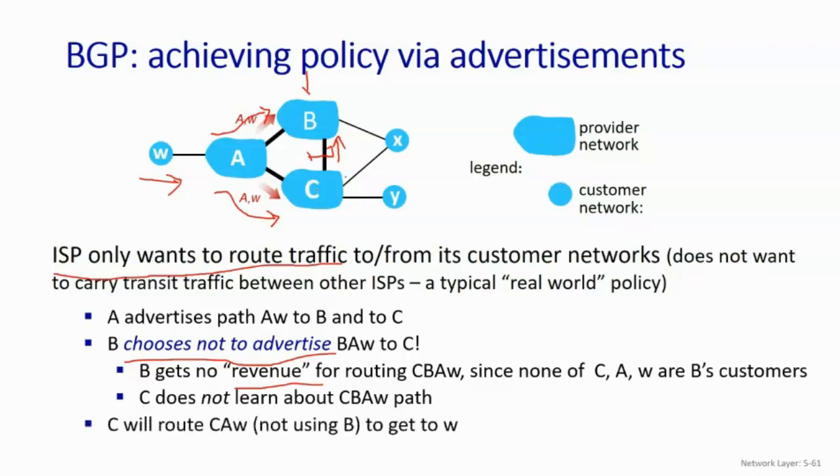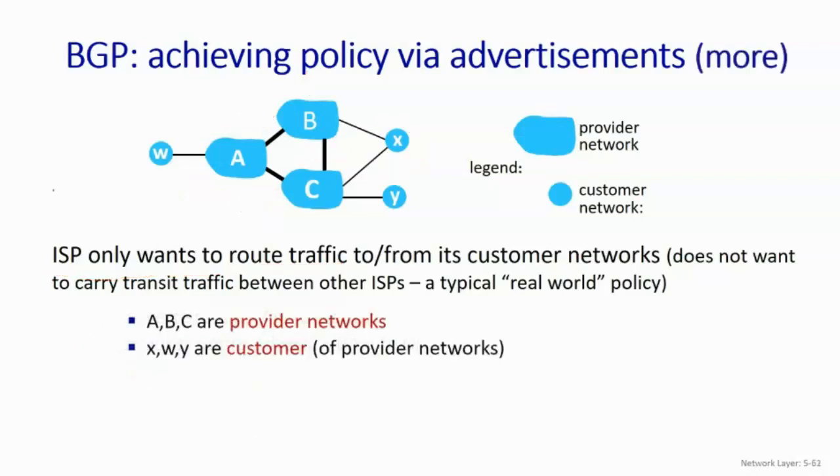Here C will route the packet through this. But one more problem is that X is a multi-homed network. The customer has accounts with two different service providers, B as well as C. X is a customer network, a multi-homed network. A, B, C are providers, and X, Y, W are customers.